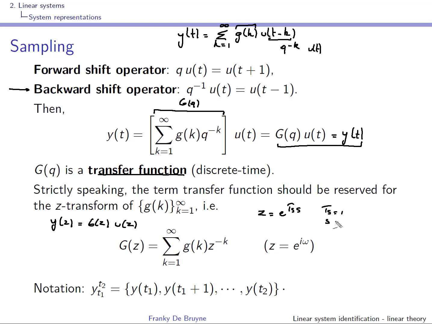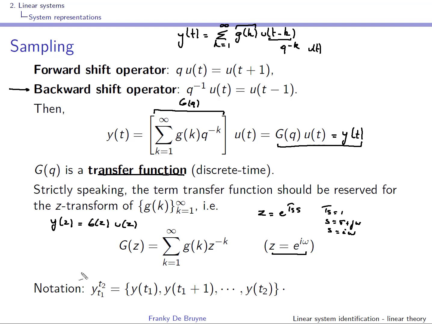Remember that s is sigma plus j omega, but if we're using the Fourier transform, then we'll simply say s is j omega. In this course, we're using i omega. Okay, so we have this relation here. z is the exponential of i omega, so there is a link between the z variable and the frequency variable over here.